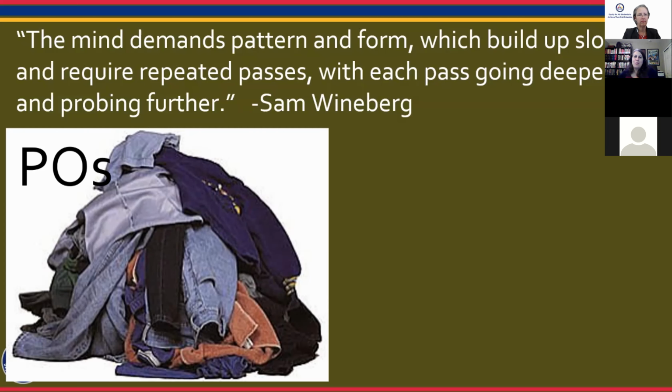So another Sam Weinberg quote that really applies to our idea, where we shifted from just these POs that it was like a drive-by, one and done. You learned about it, and then maybe in a few years you might have a similar type of PO.